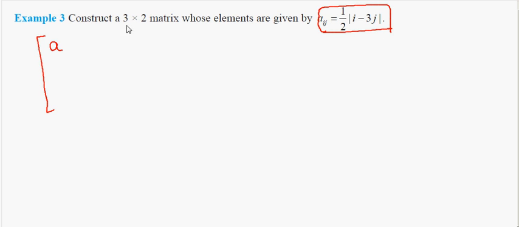A 3 by 2 matrix means 3 rows and 2 columns. So I can write A11, that means first row, first column; A12, first row, second column. But you need to have only 3 rows and 2 columns, so I can just stop at A11 and A12.